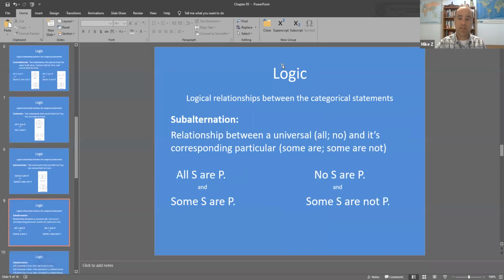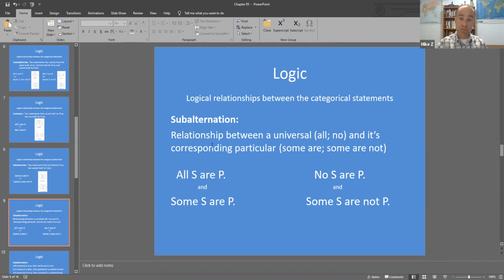Okay, moving on to the subalternation. And it turns out that the subalternation relationship is the most complicated one because there's the greatest variety of different interconnections, as we'll see. So there's a subalternation relationship between a universal and its corresponding particular.